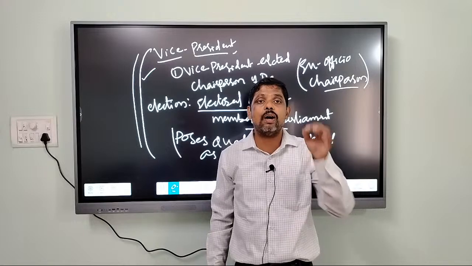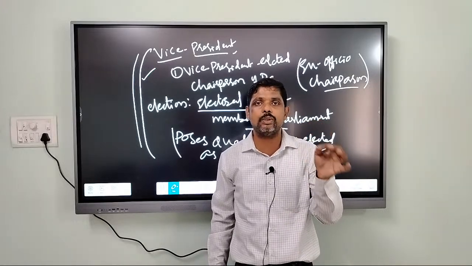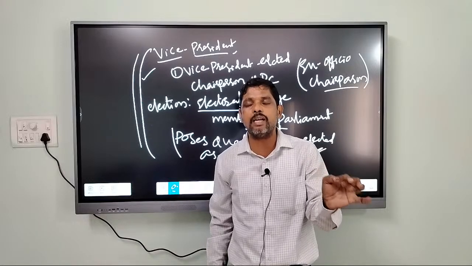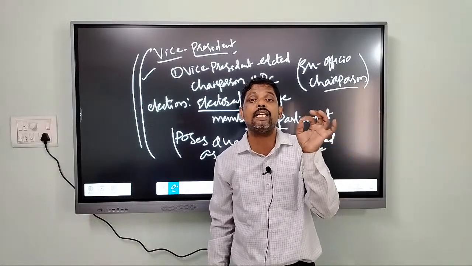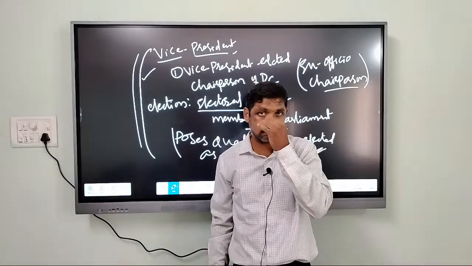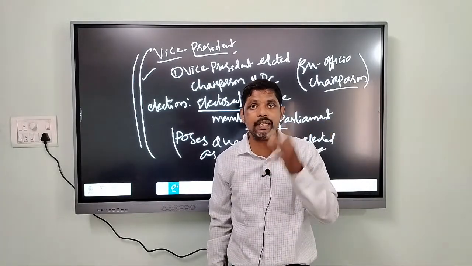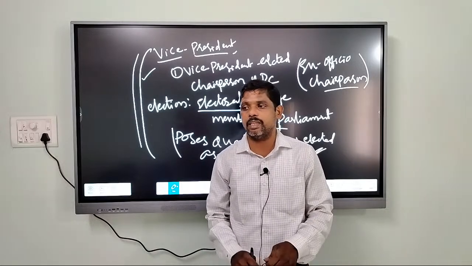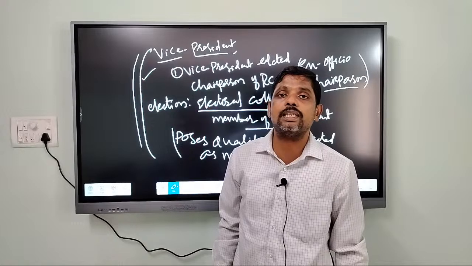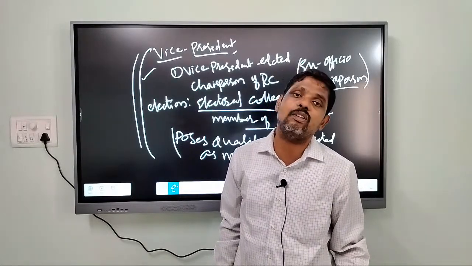A resolution to remove the chairperson of Rajya Sabha should be passed by special majority in Rajya Sabha, that is 2/3 of all the members present and voting.